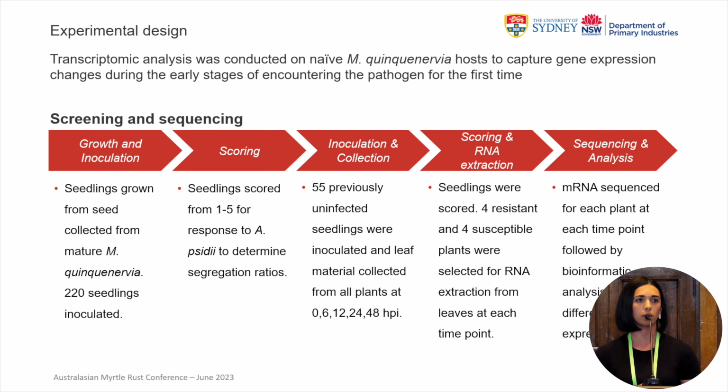So I collected seed from the Melaleuca quinquenervia, the mature tree that we used to generate the genome. I screened about 220 seedlings initially, just to get an idea of segregation ratios, of how many susceptible, how many resistant, to then determine how many I needed to screen to be able to capture enough susceptible and resistant.